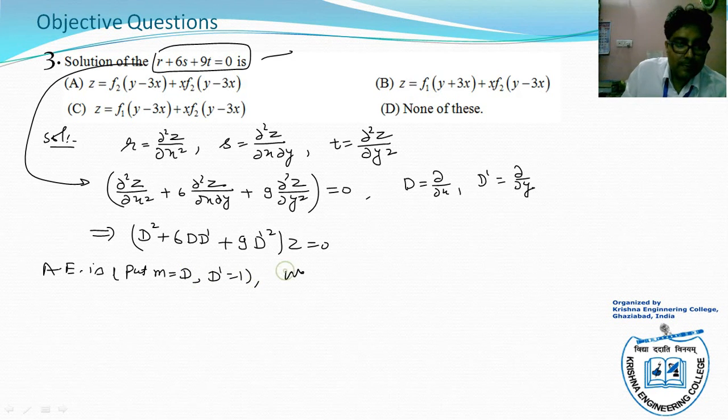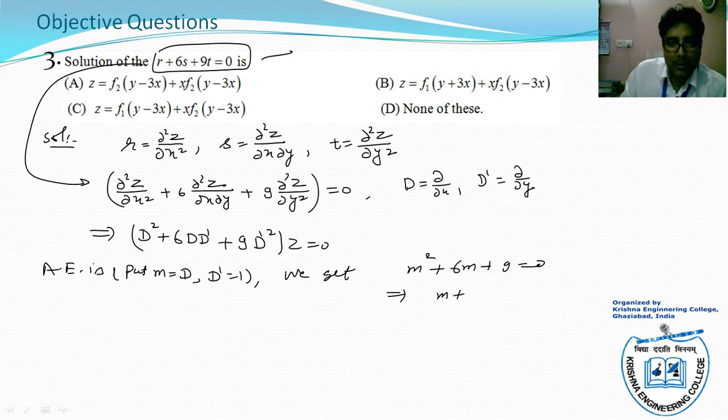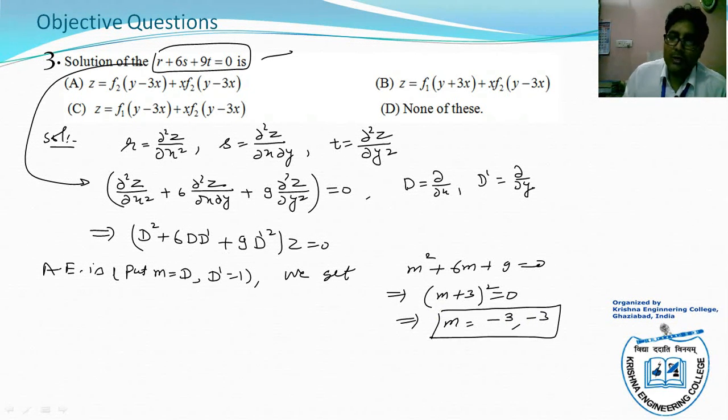So we get m squared plus 6m plus 9 is equal to 0. This is the perfect square of m plus 3, right, is equal to 0. So we get two roots, minus 3, minus 3. Both roots are repeated.